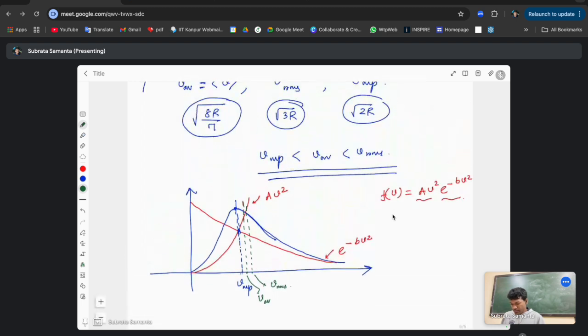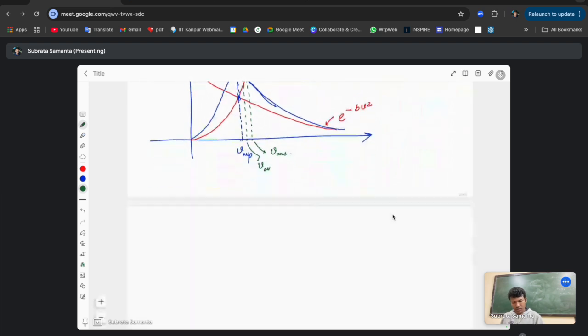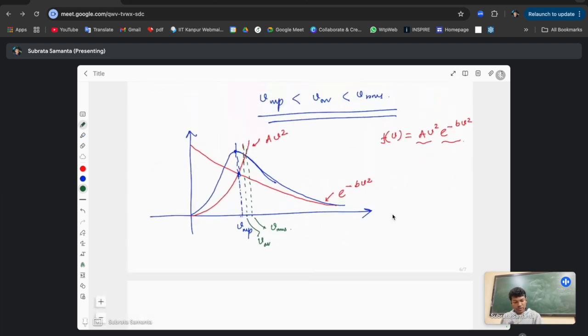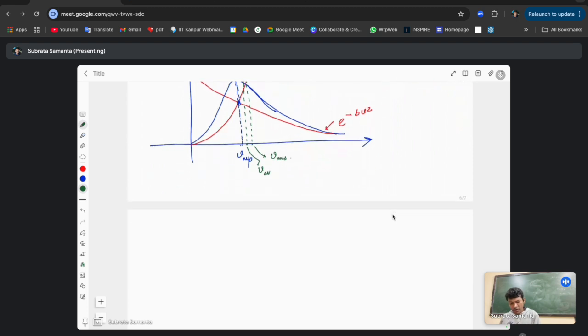Now if you want to know the values of these constants A and B, I already told you that B is basically m over 2kBT, and A is m over 2kBT to the power 3 over 2 times 4 over square root of pi.